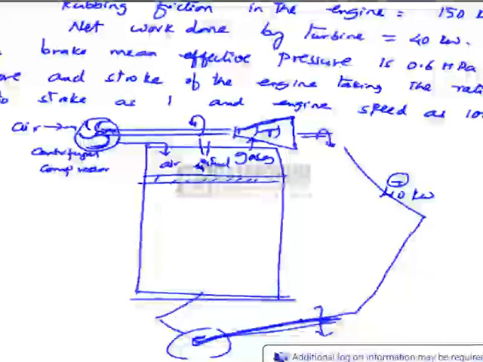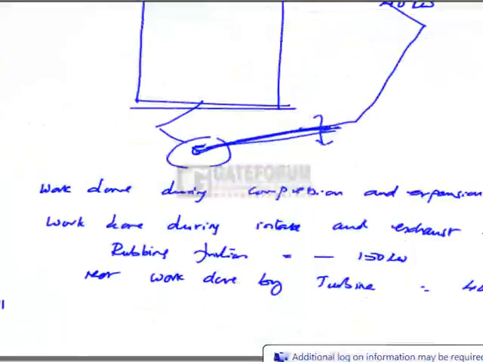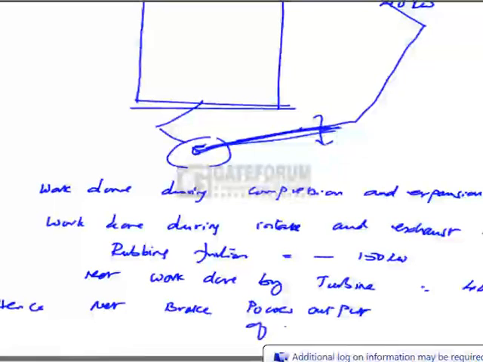So adding up all these powers, we get the net brake power output. Hence, the net brake power output of the engine is equal to plus 820 minus 50 minus 150 plus 40 kilowatts.